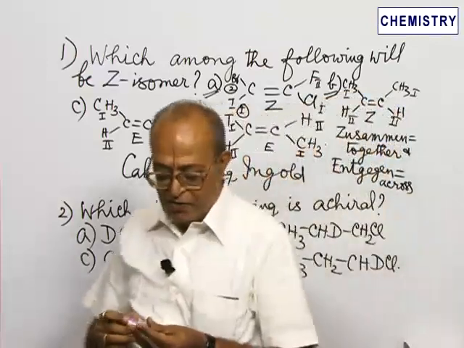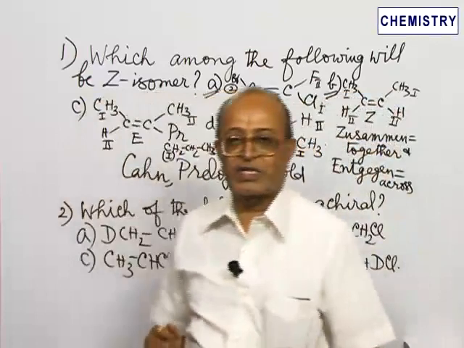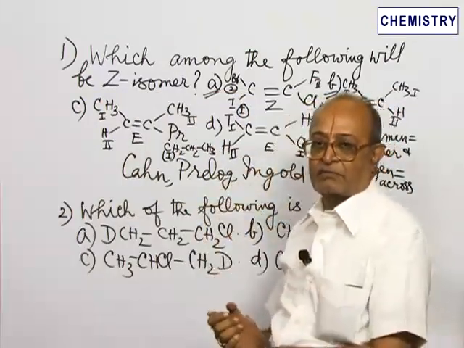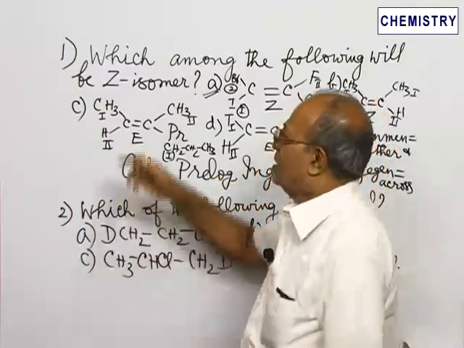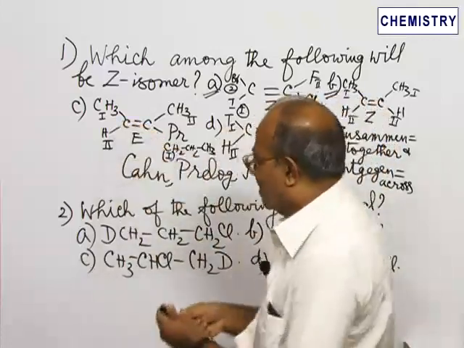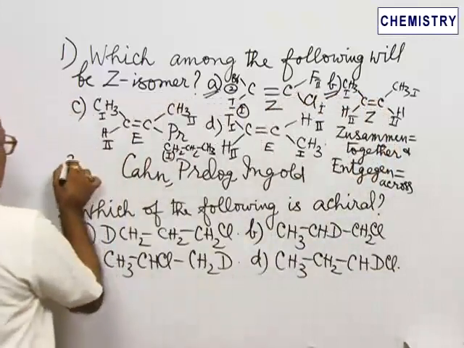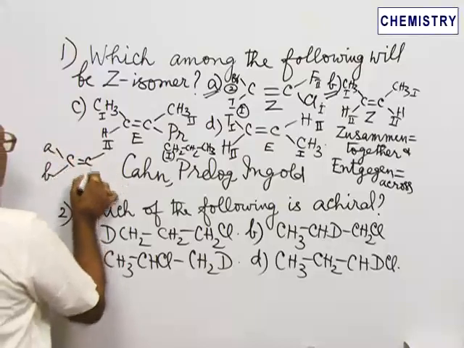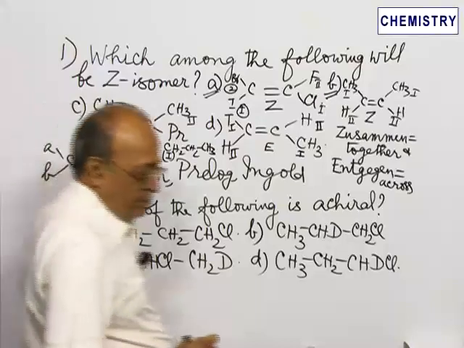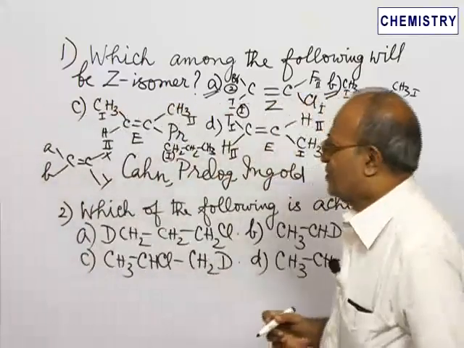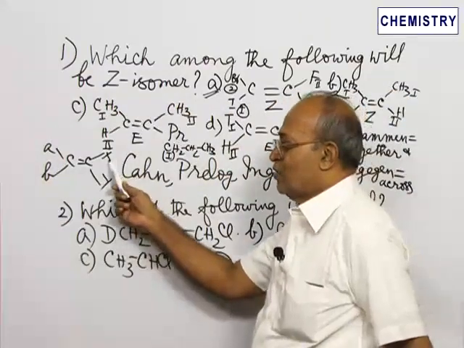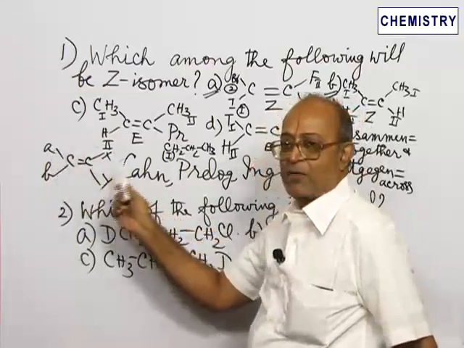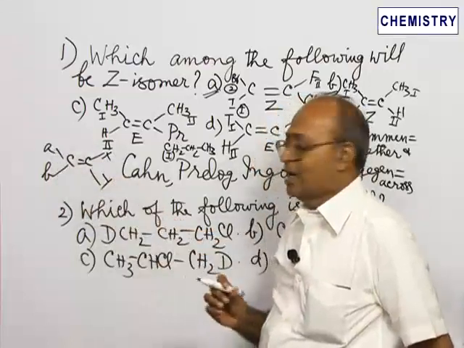So, if it is not possible for us to decide whether it is a cis or trans, for example, if you consider a general case like this, C double bond C, A, B, X, Y. If it is cis, we usually say here also I should have A, or here I should have X, both lying on the same side.